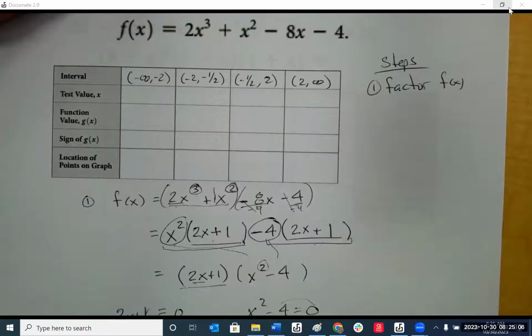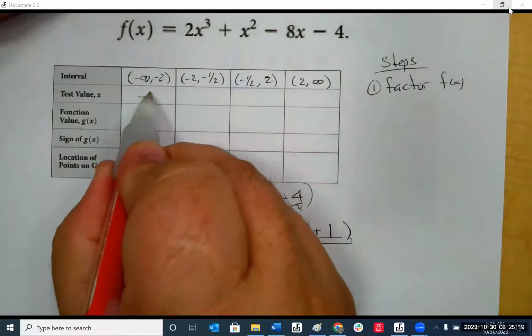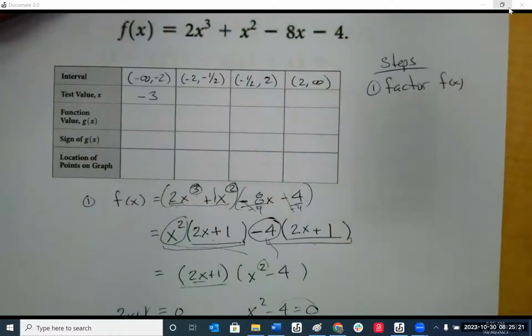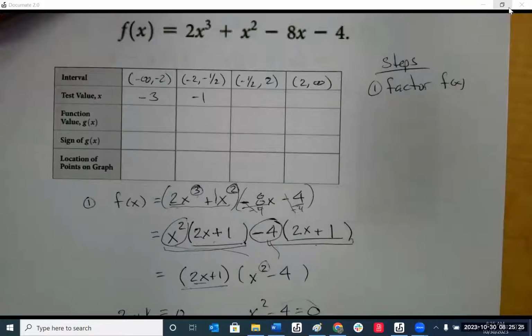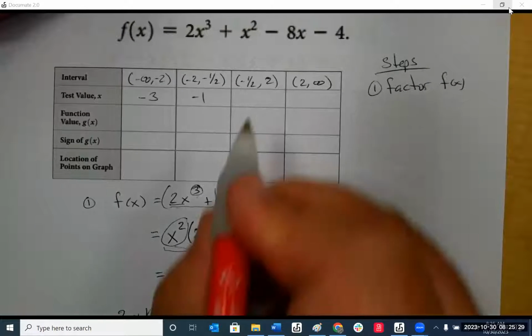What we're going to do here, now we pick a number inside these intervals. So the first one I pick would be at -3. Inside this interval, I pick -1. It's an easy one. Inside this interval, I'll pick 0. So if you can use 0, use 0.